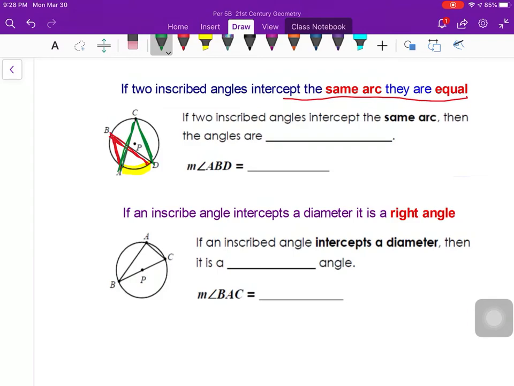And we have a second angle, angle ACD, that intercepts that same arc. So the measure of angle ABD will be equal to the measure of angle ACD. And that's because if two inscribed angles intercept the same arc, then the angles are congruent, which means equal.